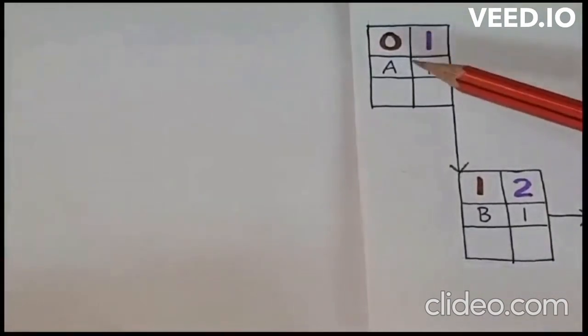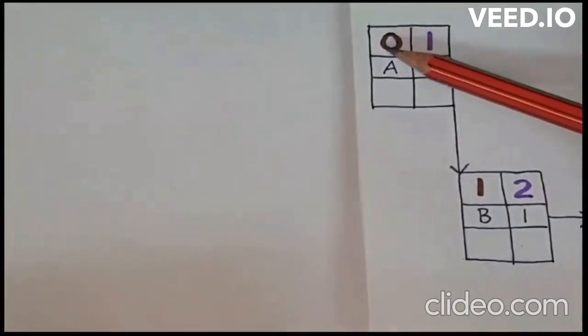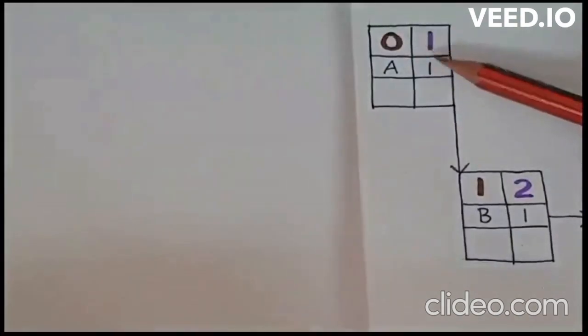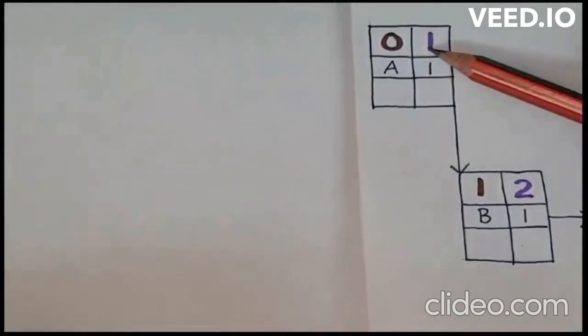So you enter 0 as the earliest start time. How will you find the earliest finish time of activity A? Earliest start time plus duration of that activity. So 0 plus 1 is equal to 1, and you enter 1 as the earliest finish time for activity A.